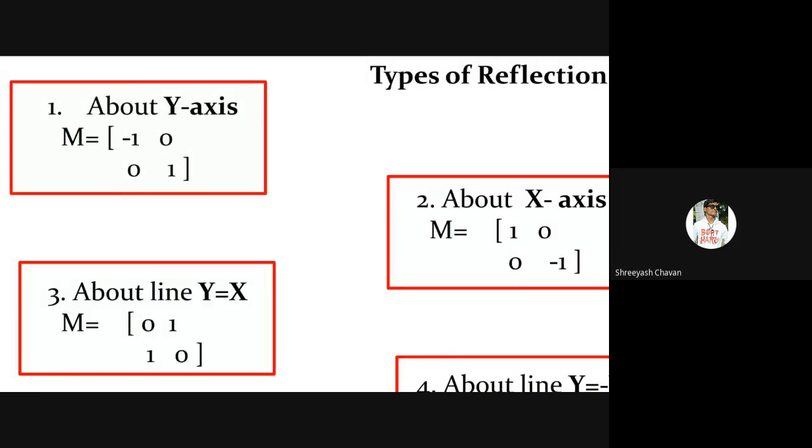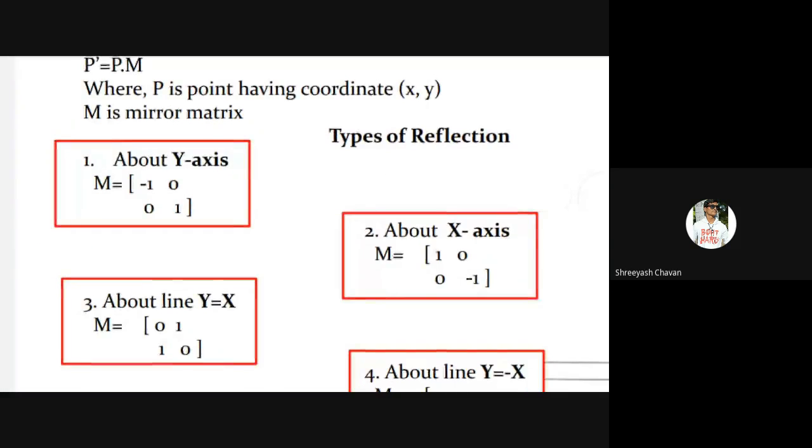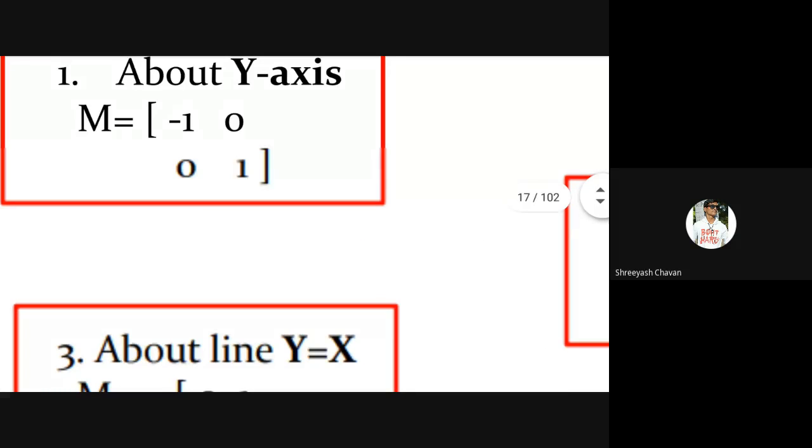I have shared the PPT and also notes, but for better understanding, you should write down all these transformation matrices. It will be very helpful while studying. If you want to mirror an object about the y-axis, only multiply this matrix, -1 0 0 1.